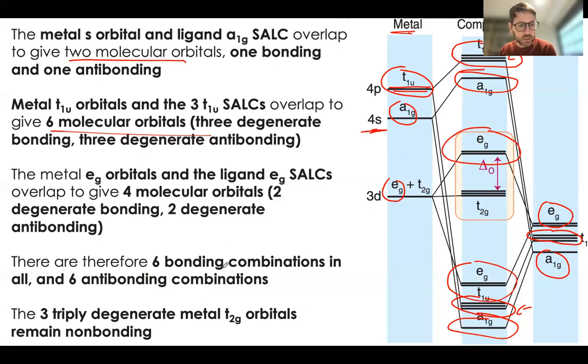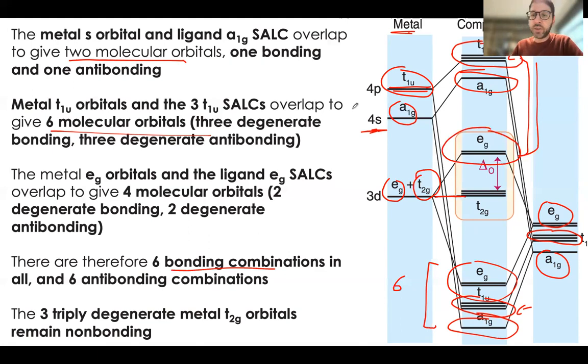So in this case, we can see that in total there are 6 bonding combinations of orbitals and 6 anti-bonding combinations. And here, the triply degenerate t2g orbitals in the metal remain non-bonding because there are no symmetry adapted linear combinations of ligand orbitals having the same symmetry in this case.